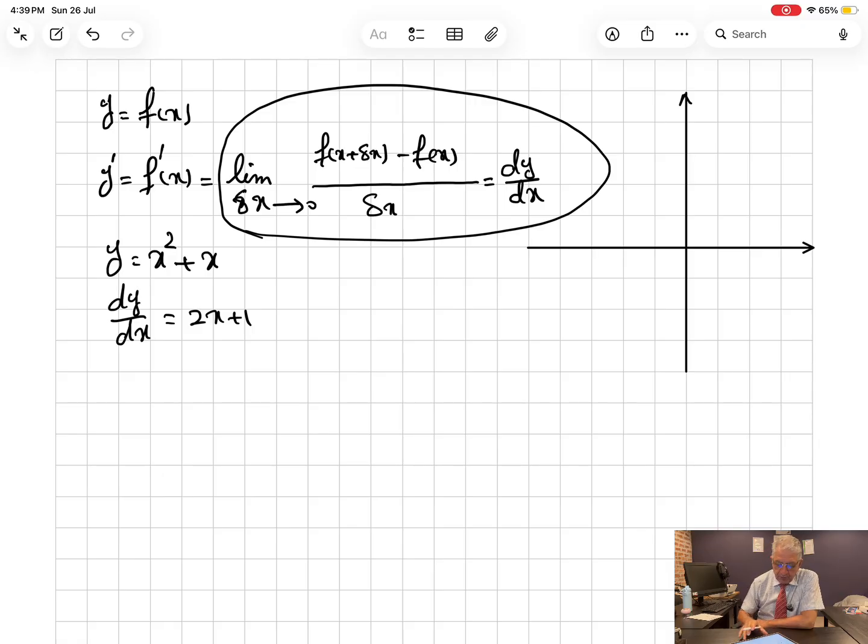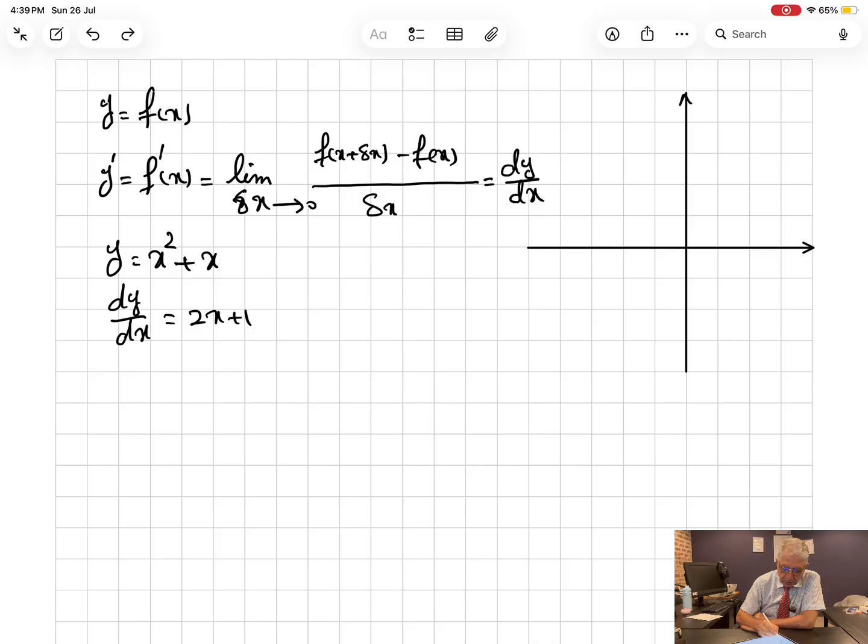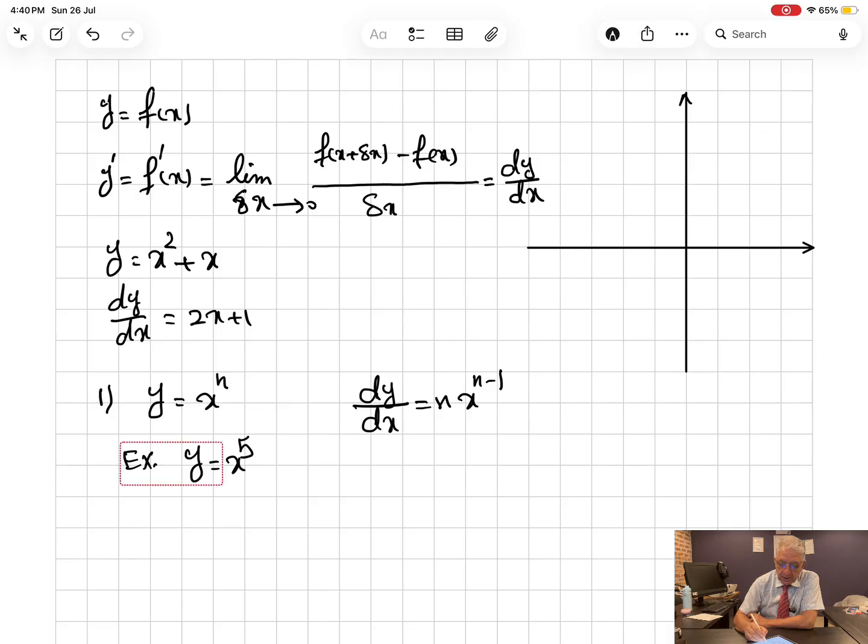Now, the first rule: if y is equal to x to the power of n, dy by dx is equal to n x to the power of n minus 1. So, for example, if you have y equal to x to the power of 5, dy by dx is equal to 5 x to the power of 4.